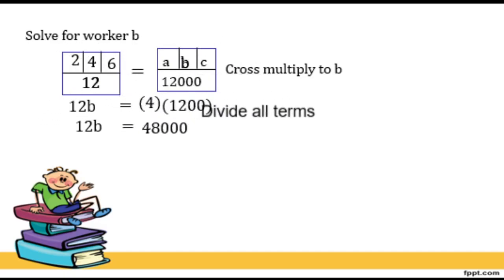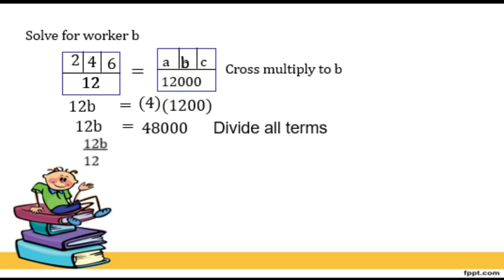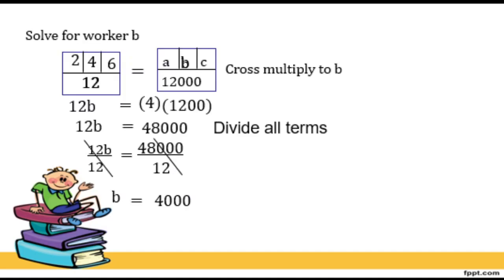Then divide each term, or all terms, by 12. So you cancel 12 and 12, and then you have B. Then 48,000 divided by 12. B is equal to 4,000. So the second worker received 4,000.